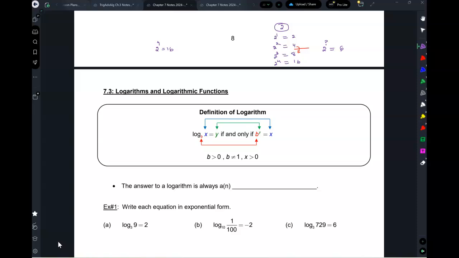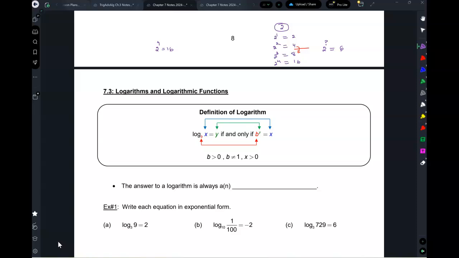Well, guess what? That is a question that is answered by a logarithm. So a logarithm answers that question for us. Okay, so what is a logarithm then? Well, let's talk about that. If I have a question like this, 2 to the power of what is equal to 6?